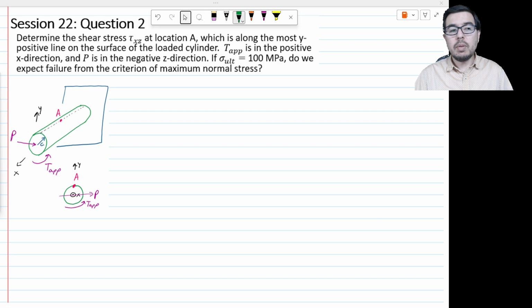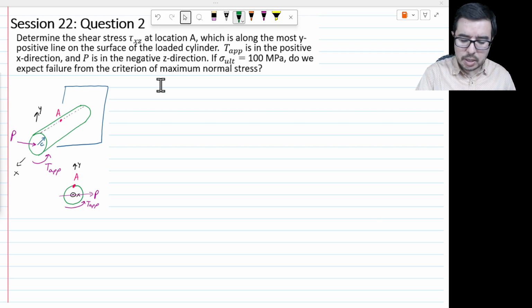Nonetheless, this problem will allow us to present how to do the work, and if you're in the class, you'll have the opportunity to plug in actual numbers and figure out whether or not we would expect failure from the criterion of maximum normal stress. This problem also is a flashback to question number 3 from session 16.